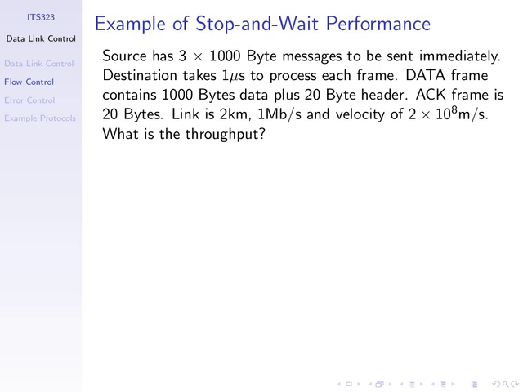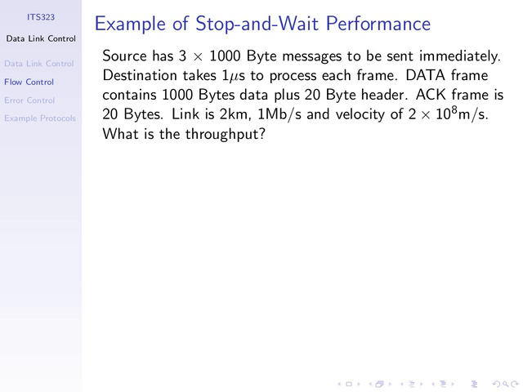And the propagation delay, in our case, 2 kilometre link, 2 by 10 to the 8 metres per second, is 10 microseconds. 2,000 divided by 2 by 10 to the 8 is 10 microseconds.